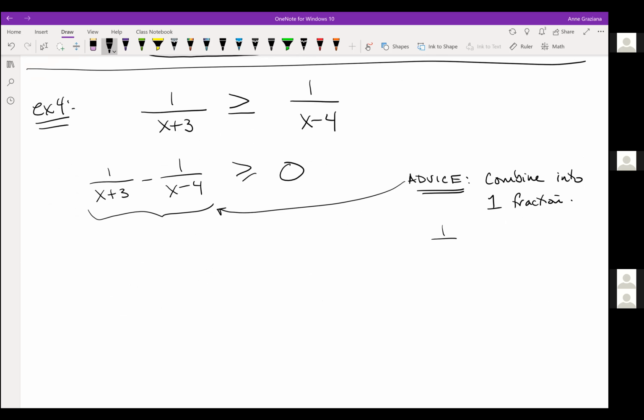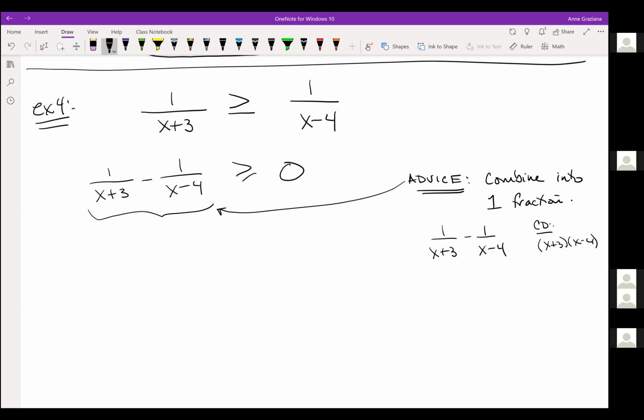I'll do it over here just so I don't make this messy. Remember that whole gig, right? So what's my CD here? How about Hassan? What would you say your CD is here? 12. Oh, because you're looking at the 3 times 4? Yeah. Well, it has to be x plus 3 times x minus 4.